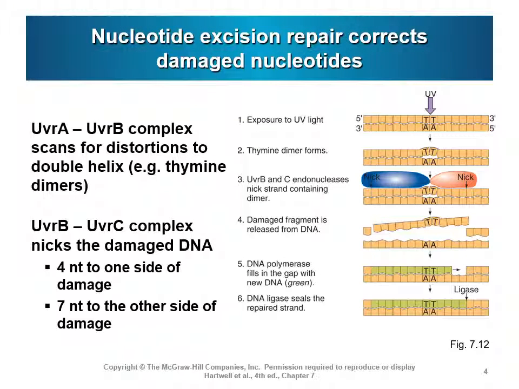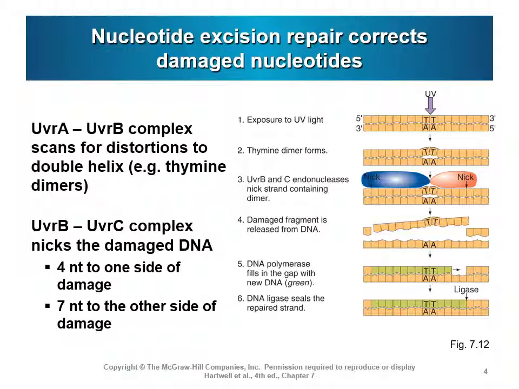Again, another mechanism that we have talked about was UV radiation, the environmental effect that was causing mutations. And I have mentioned that it can also trigger a repair mechanism within cells. So when exposure to UV light takes place, the complex called UvrA, UvrB is activated, which scans for distortions on a DNA double helix. It looks for basically thymine dimers.